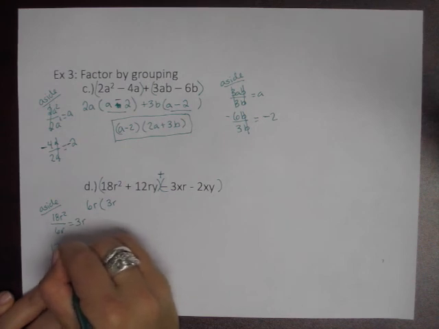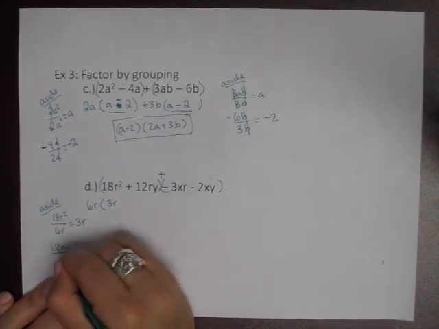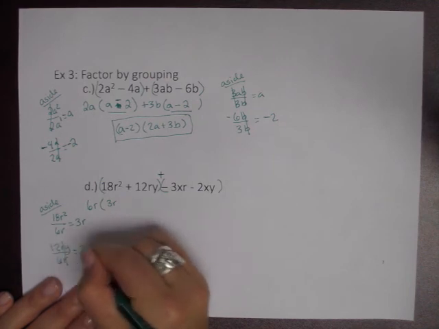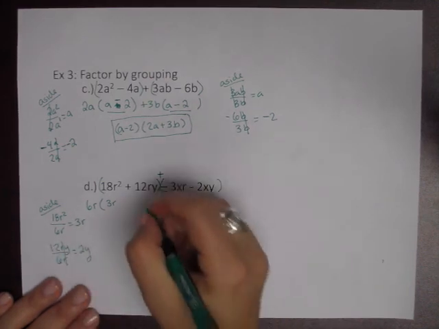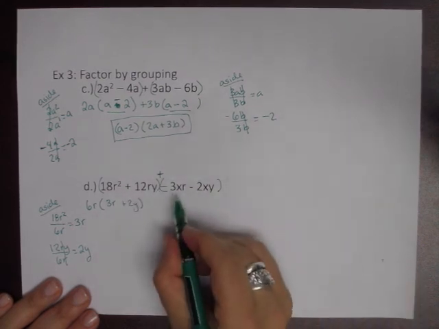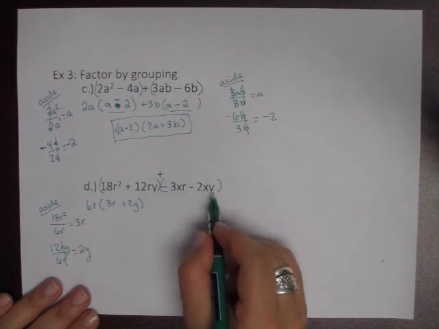Now I've got 12ry divided by 6r. 12 divided by 6 is going to be 2. My r's cancel out, so I'm just left with a y. So plus 2y.